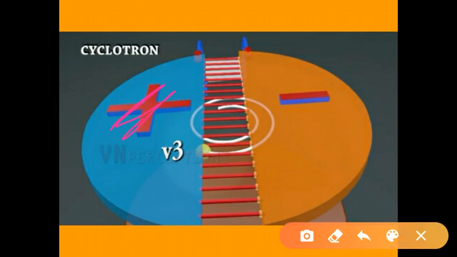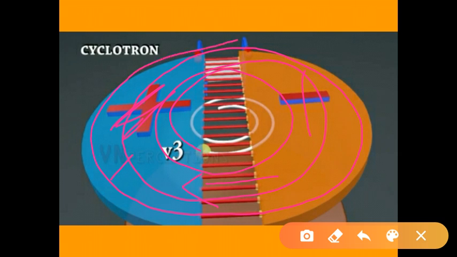That is, this one will become negative and this will become positive. And to reach here, the charged particle has to cross this electric field. Again its speed is increased to V3. And this process will continue and the charged particle will follow a spiral path and finally it will reach this point.